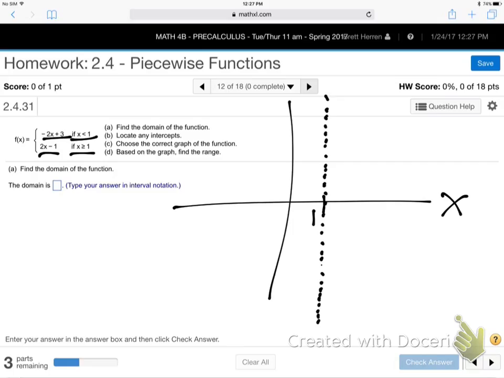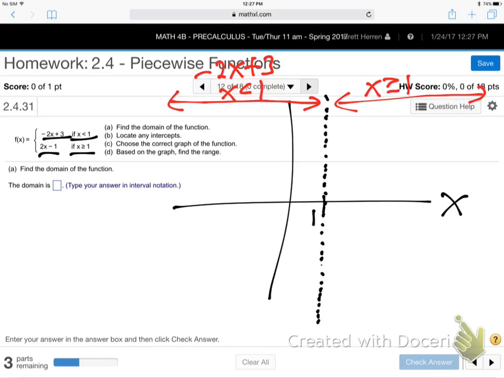In this section, when x is less than 1, I'm supposed to plug into negative 2x plus 3. And in this section, to the right of the wall, when x is greater than or equal to 1, I'm supposed to plug into 2x minus 1, the function says.